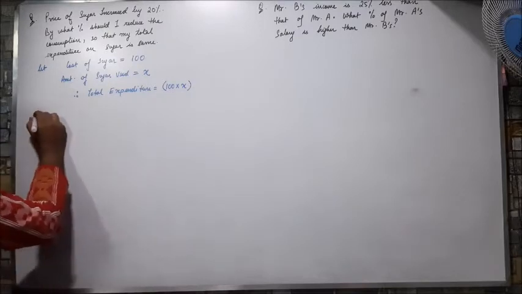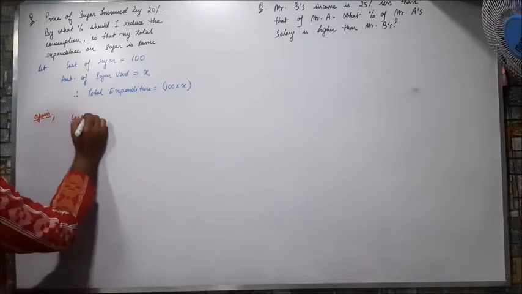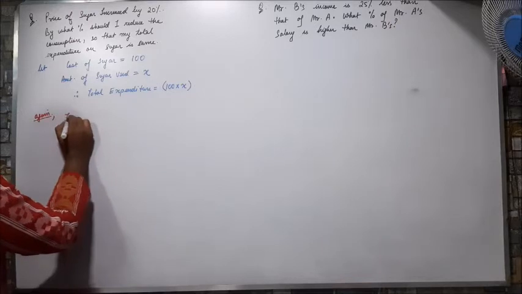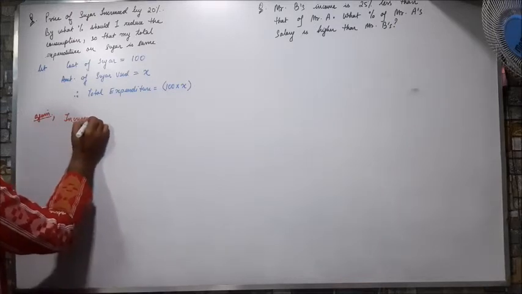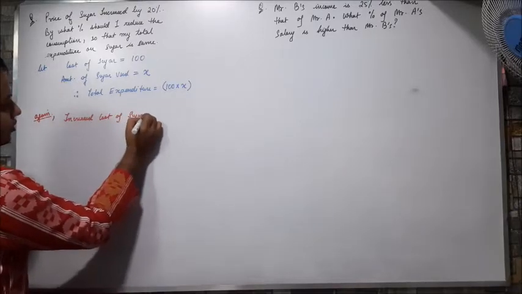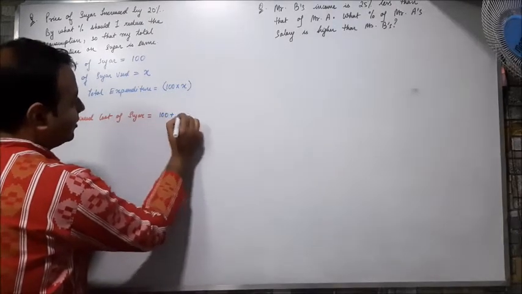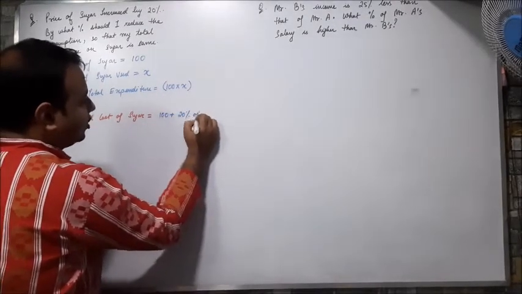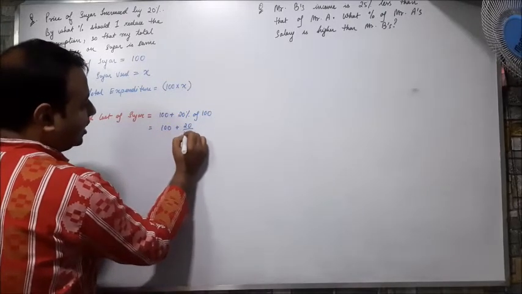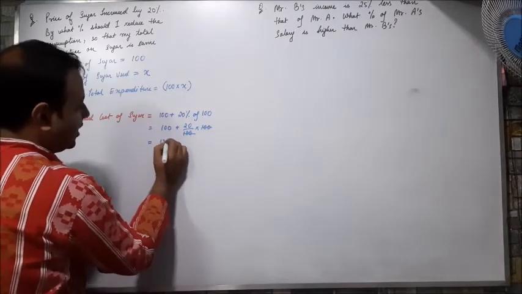Again, the increased cost of sugar will be 100 plus 20% of 100, which is 100 plus 20 by 100 into 100, and we will get 120.